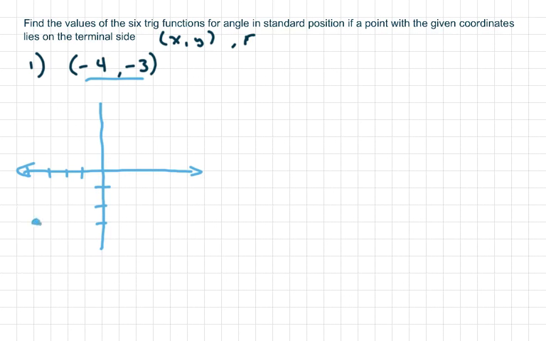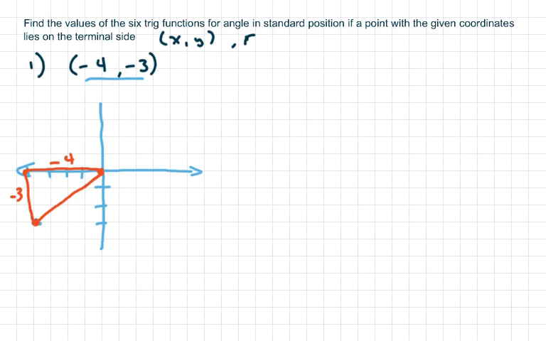And then when you draw, like for the unit circle, you draw the little angle like this. You always draw it to the origin, like the bow tie thing. That's always how you draw it. So this is your -4, this is your -3, and then you have to find the radius.